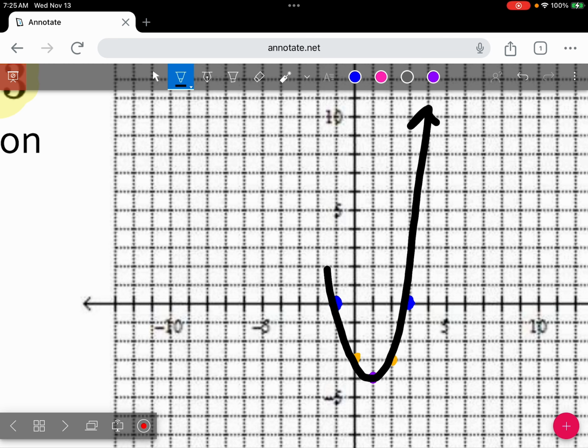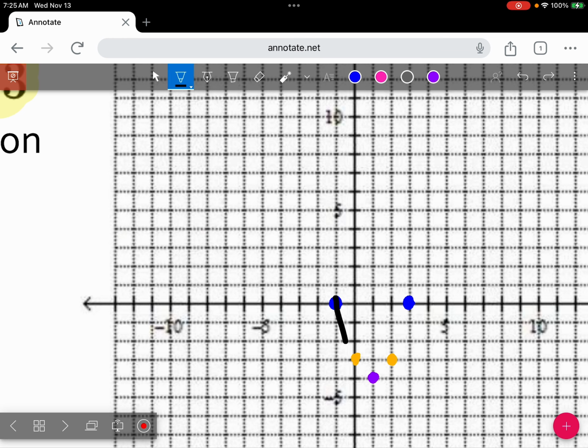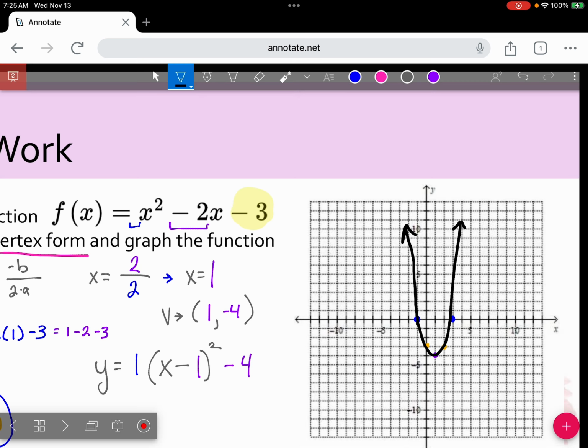That's not enough information. You cannot give me a vertex alone and a graph. You have got to give me several points. Ideally 5 points or more. But do not just give me a vertex in a swoop and call it good. No. More information.